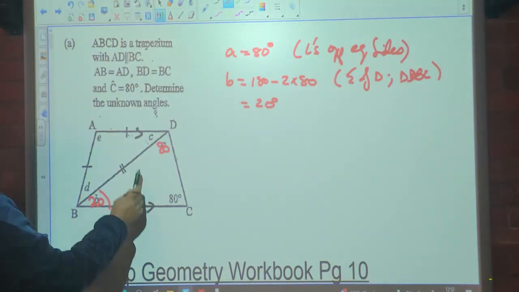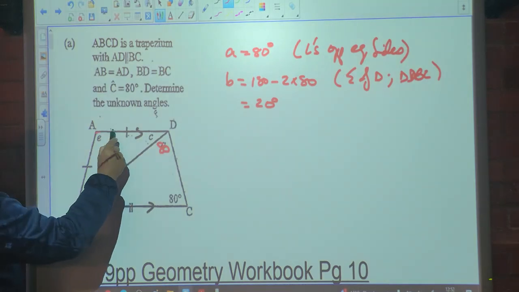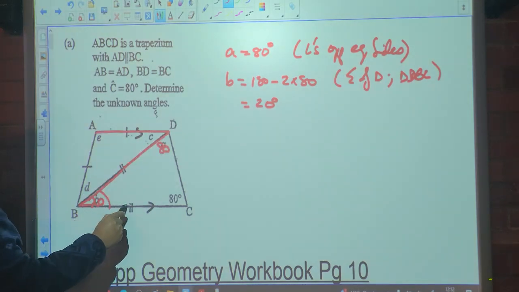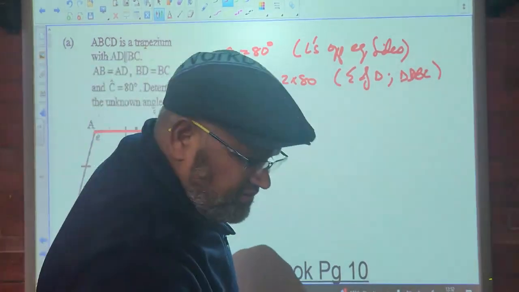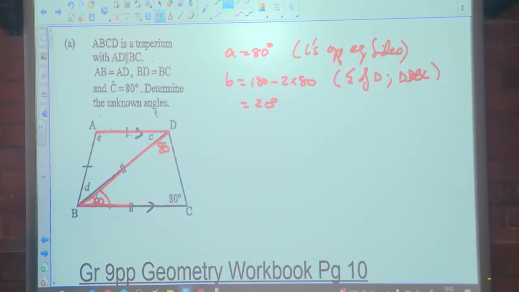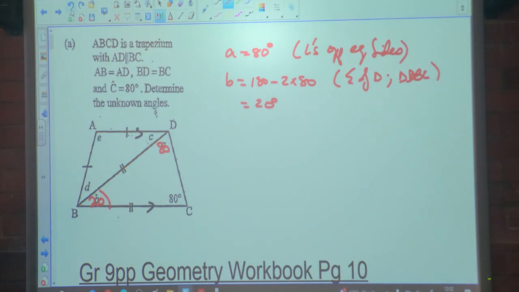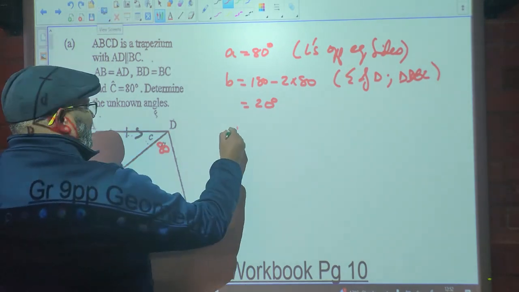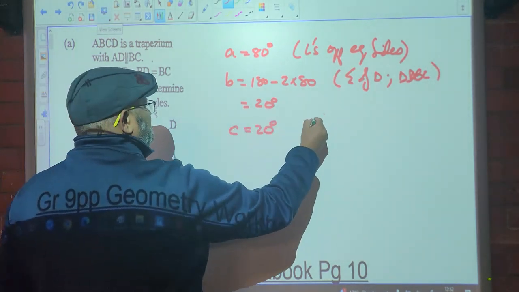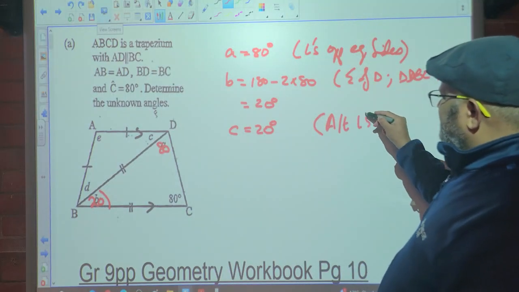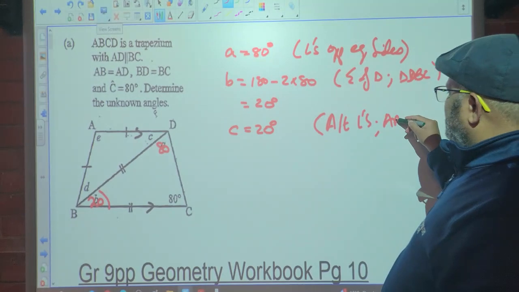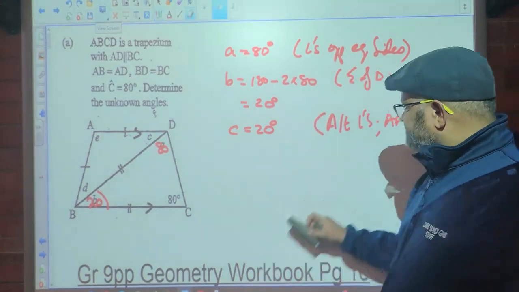So we know that these lines are parallel, so alternate angles are equal. So C would be 20 degrees. Angle C is 20, which is alternate angles with AD being parallel to BC.